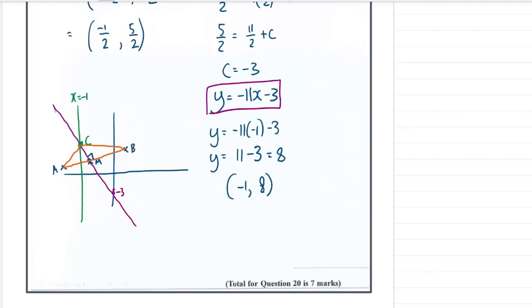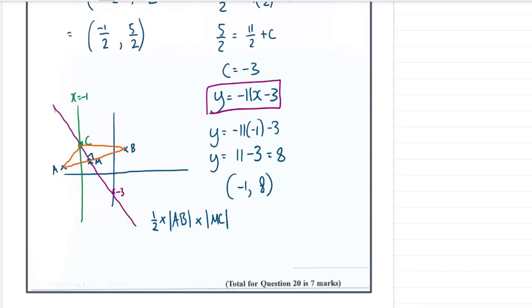Okay, so basically what I need to do is find the distance of A to B, multiply it by the distance of M to C, and then times it by half because it's a triangle. Okay, let's give that a go then.